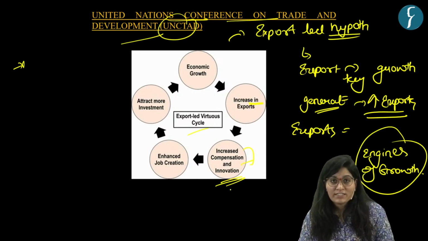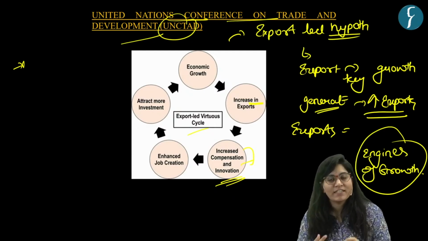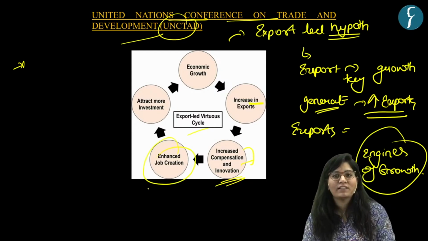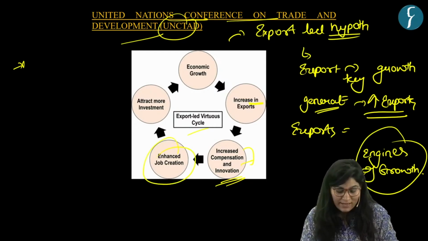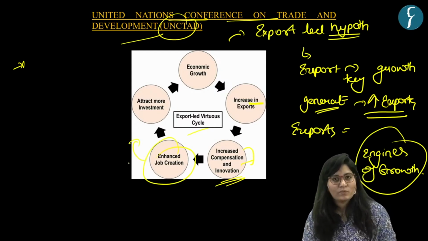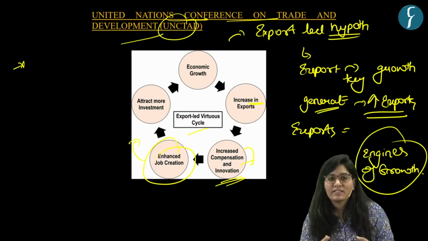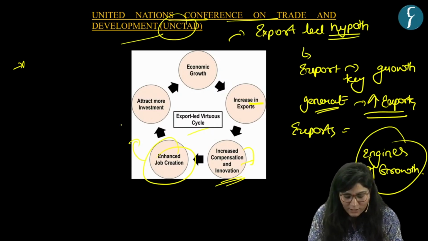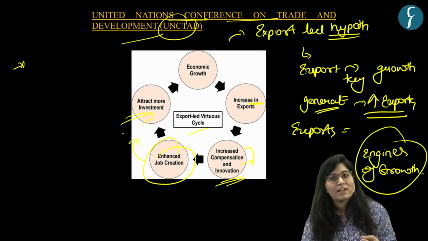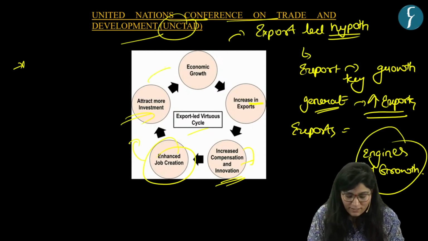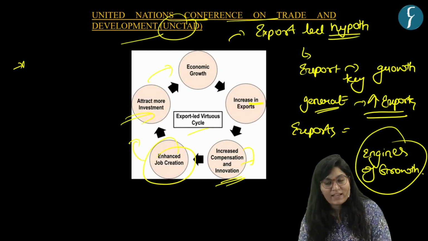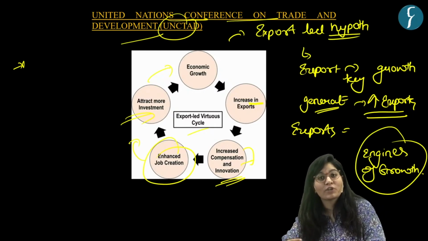And if your product is more market competitive, then demand will be more. So it will generate more jobs. Definitely, a sector which is attracting a lot of youth and job creation will attract more investment, and finally it will lead to the economic growth of a particular country. That's how we connected export to growth.